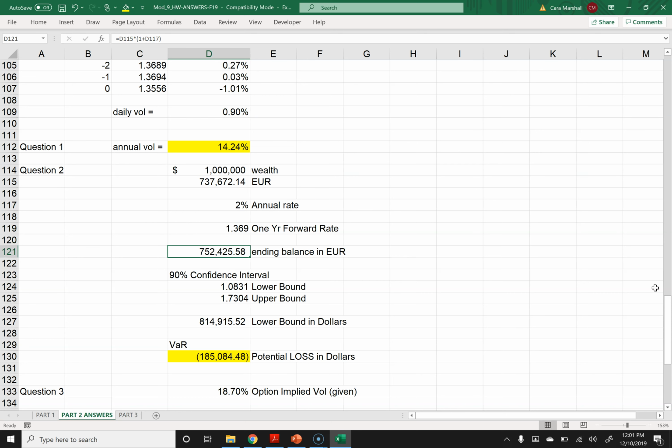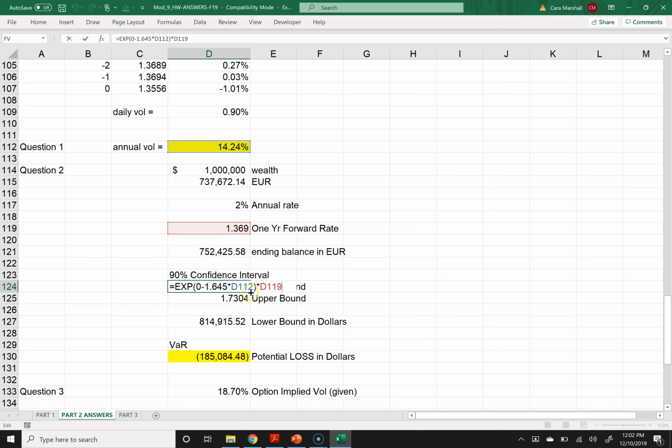We're given a 2% rate of return. We're given a forward rate. So we want to then calculate the ending balance in euros. And so really that's pretty straightforward, just taking our euros from here and multiplying by 1 plus the 2% return. So we get a value, but next we have to figure out the 90% confidence interval. And here we're trying to assess what's the FX rate with 90% confidence. So for the lower bound, we're going to use the forward rate that we have here.